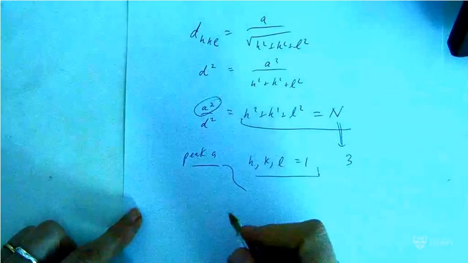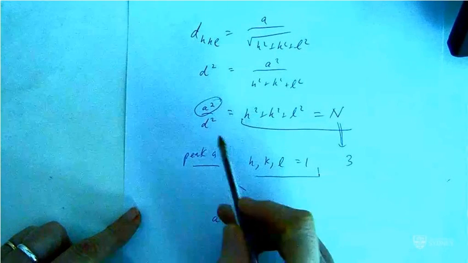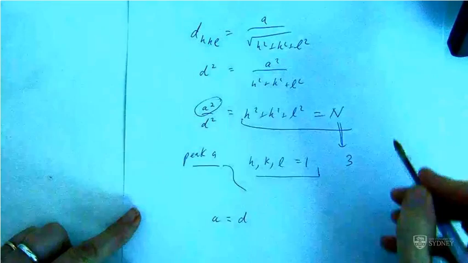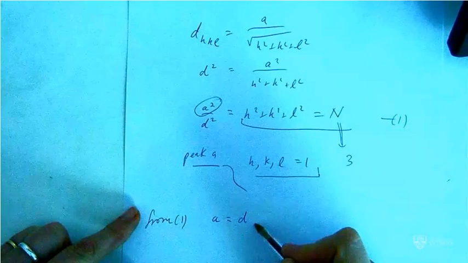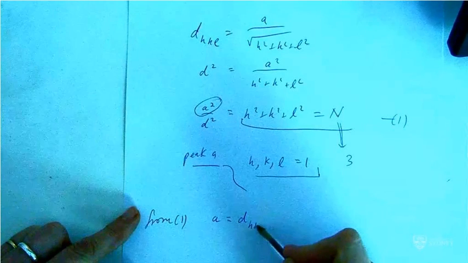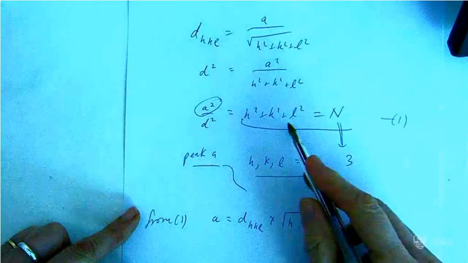So we have here A is equal to D, just from 1, the HKL, multiplied by the square root of h squared plus k squared plus l squared.